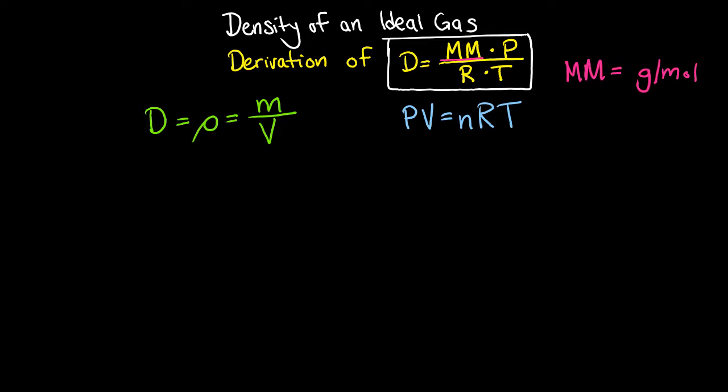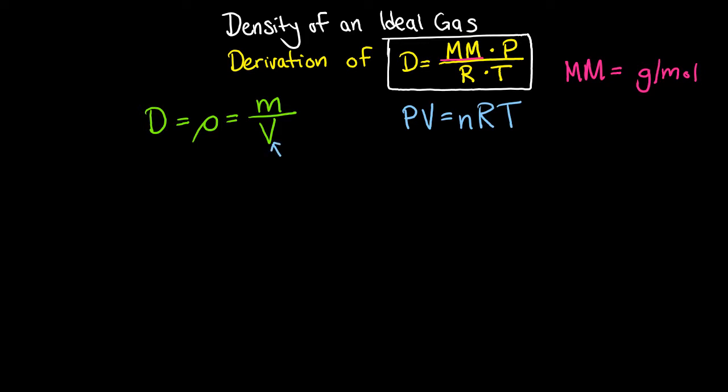Let's take a look at what happens when the density can be determined from other factors rather than just mass and volume. First, understand that volume and density are inversely proportional because density is in the numerator position and volume is in the denominator position.